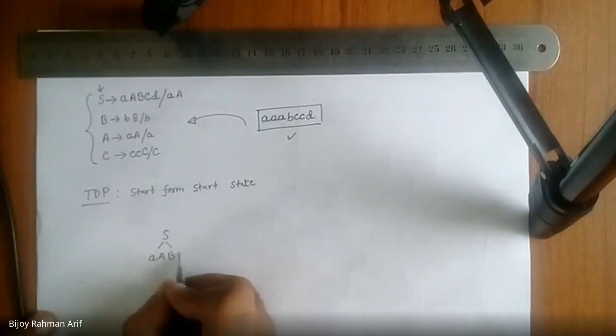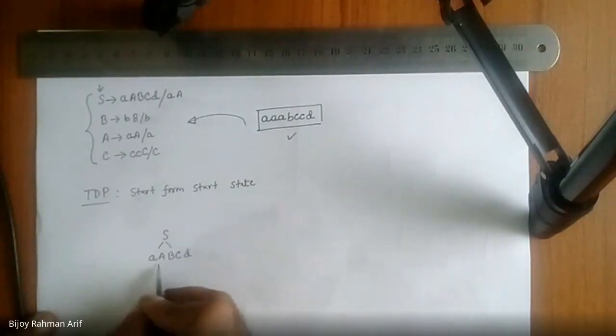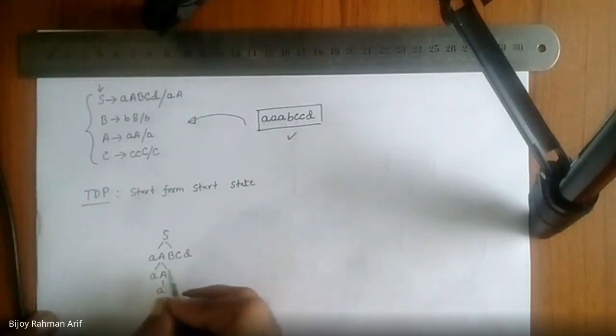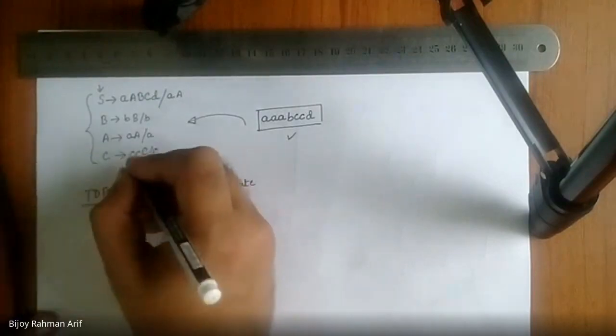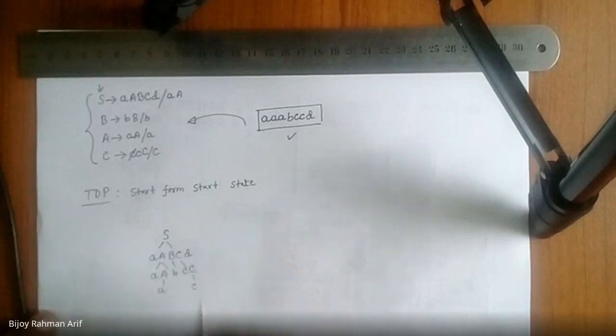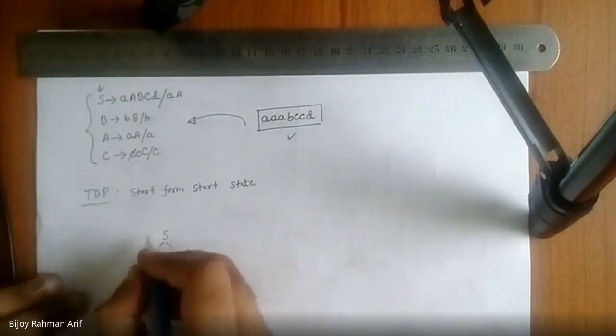B, C, D. A derives again A, then this A derives A, this B derives B, this C derives c, then c, finally D. So what's the yield of this parse tree?